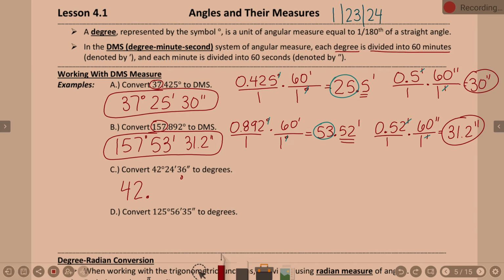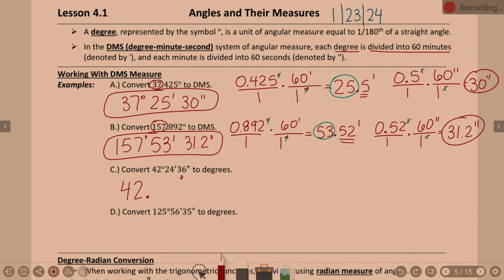Okay. Now, let's see. Looking to see how I wrote this in my notes. I wrote this a little bit differently in my notes. Okay. So I have a way that you can put this all in the calculator at once.